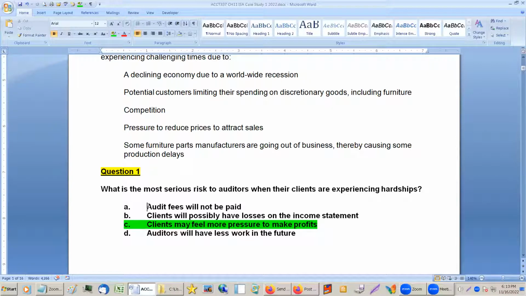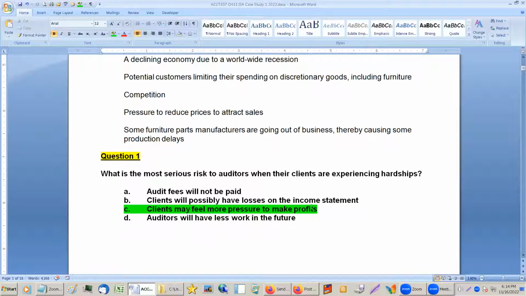Now notice that if something goes wrong with the audit, your audit fees are the least of your worries. And the client is probably having losses on their income statement. Well, they have losses; they will have them on the income statement. This one, the more pressure to make profits, is probably the most concerning, because this might lead to fraud.